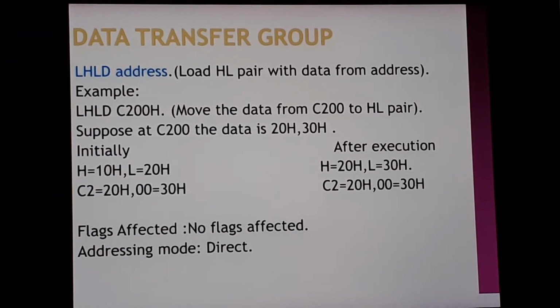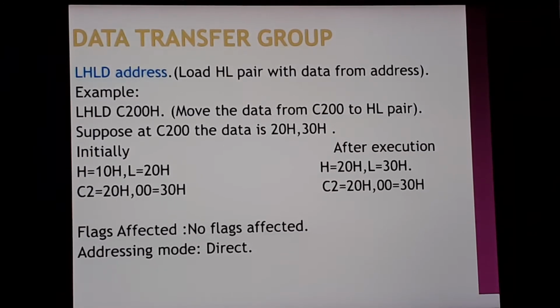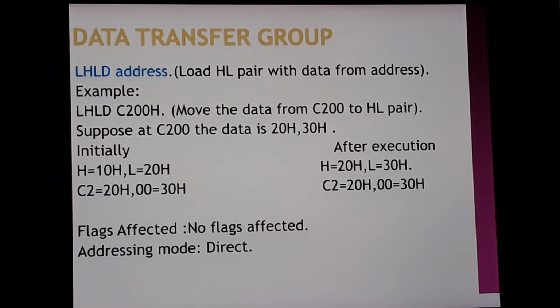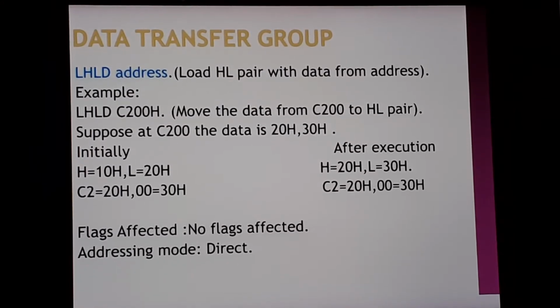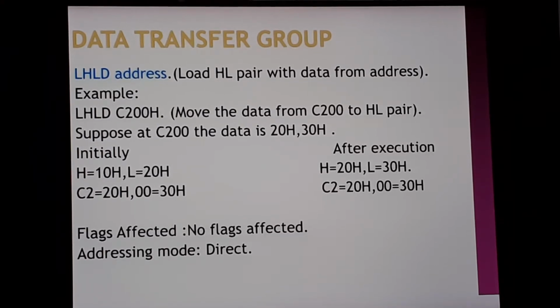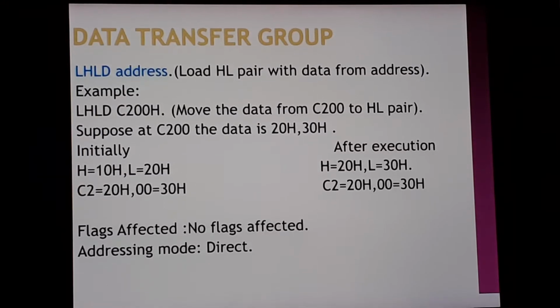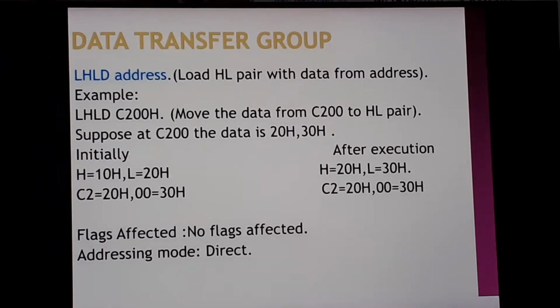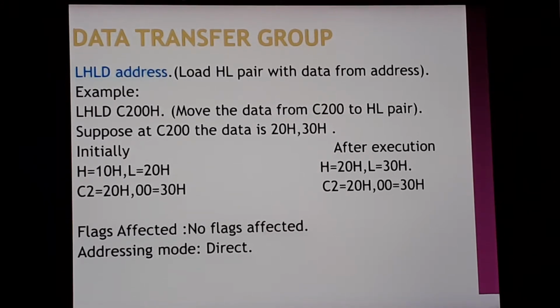So C200 holds 20H, and the next address holds 30H. The data goes to the L register from the higher order address, and to the H register from the address plus 1. So what I have done here, see here, in C200, that is the first address, 20H will be added, and in the next address, that is address plus 1, 30H will be added.